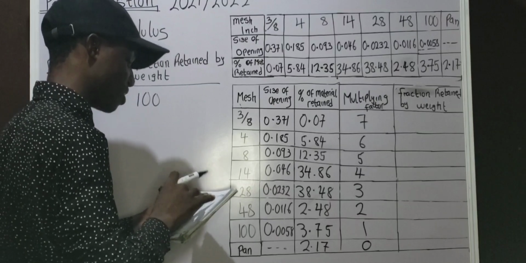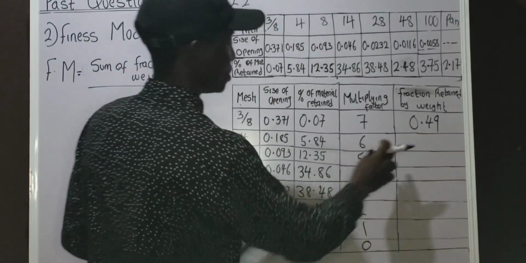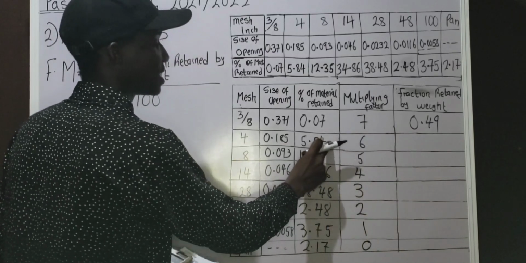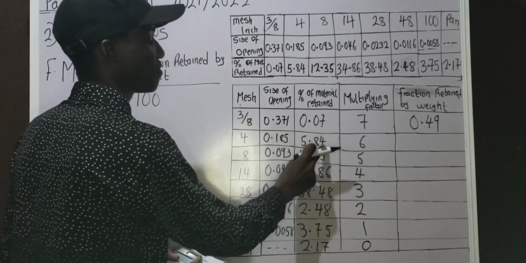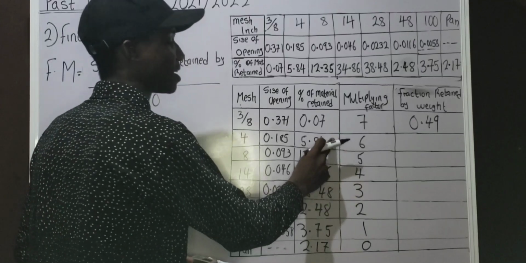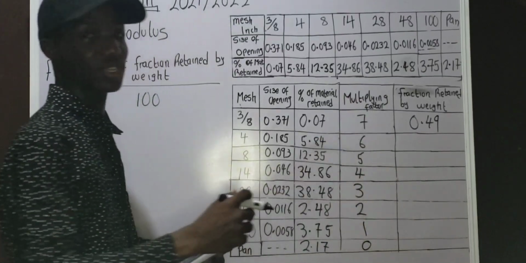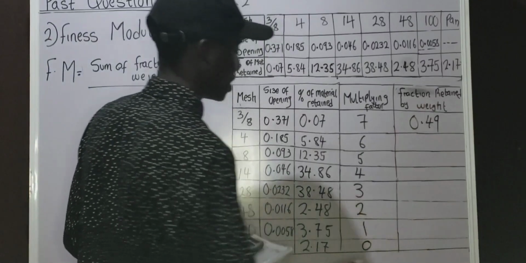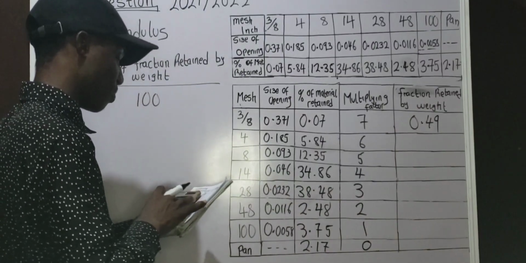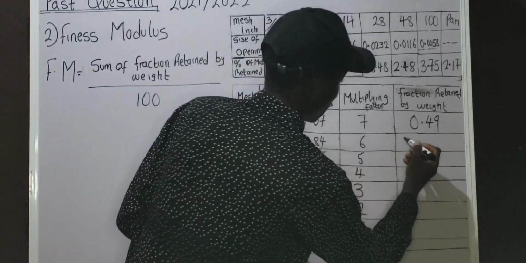That will be 0.49. For these cells, I'm going to multiply the percentage of material retained, which is 5.84, by 6. Just take the percentage of material retained of these cells and multiply it with the multiplying factor. 5.84 multiplied by 6 is 35.04.